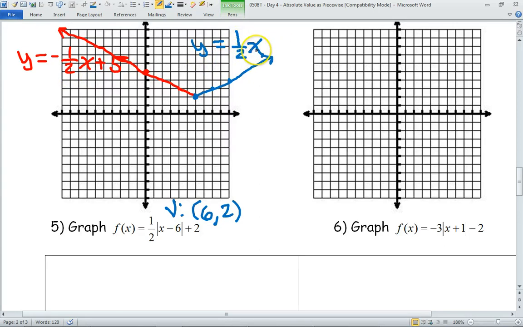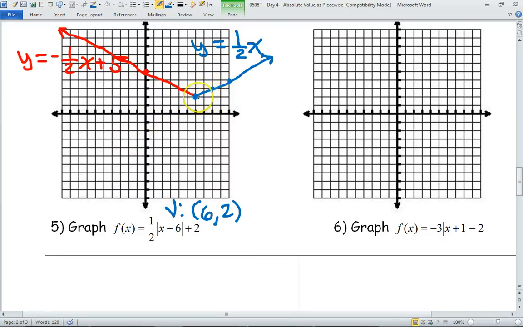So positive 1/2 x. Now, Margaret, Edgar, Kiera, I need to know the y-intercept of this blue line. I'll give you a few seconds to figure it out. Let's see what you came up with. Hopefully you understood that I need to extend this line to see what's happening.